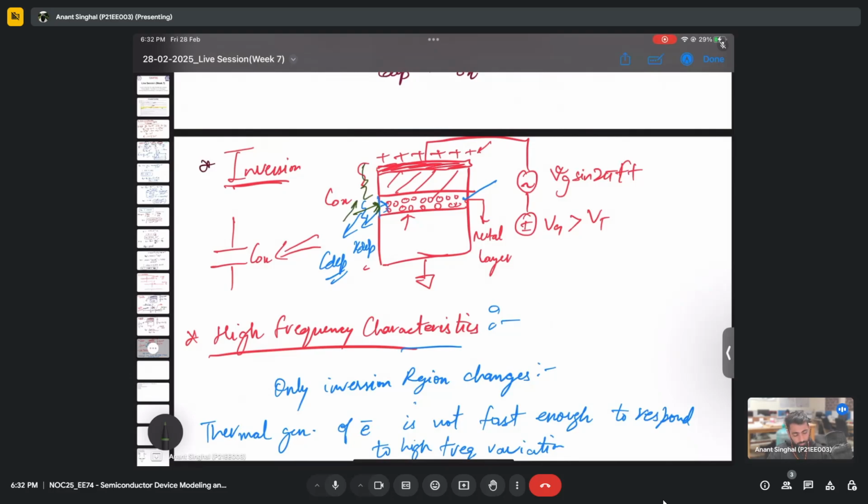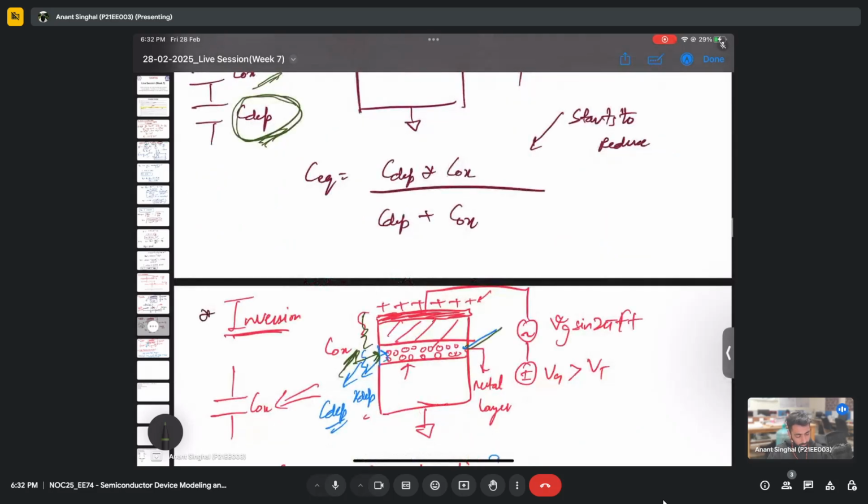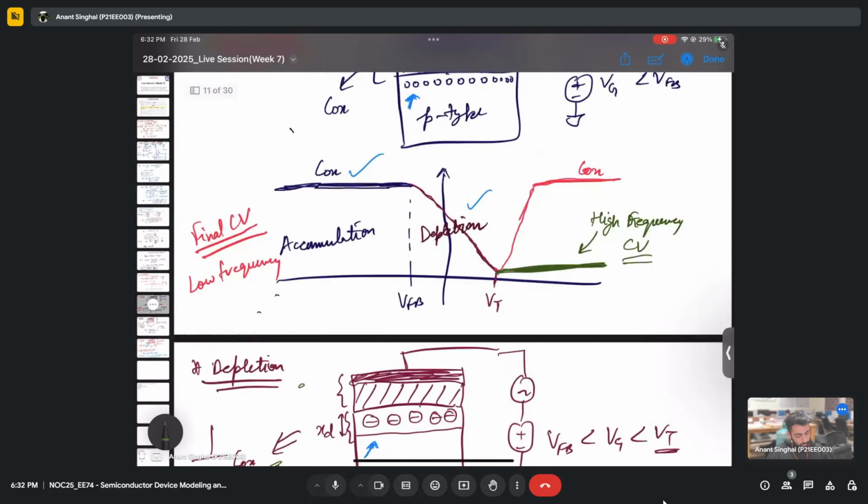So we have the ramping up of the capacitance from C depletion in parallel with COX to COX. In the previous case, as you see, we have a combination. But in high frequency, what happens? This always remains the same because we do not have the electrons here. We have applied such a high frequency that we are not able to generate these electrons that we want to invert. That is why it gets stuck at C depletion and remains the same for high frequency.